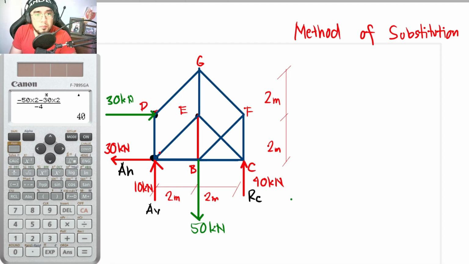So if we would now apply method of joints here, we can now solve for member DG and member DA or AD. And from that, since we already know the value of DG, upon solving for joint G, we can now solve for member GE and member GF since DG is already known. And the domino effect will now take effect, and we can now solve for everything.